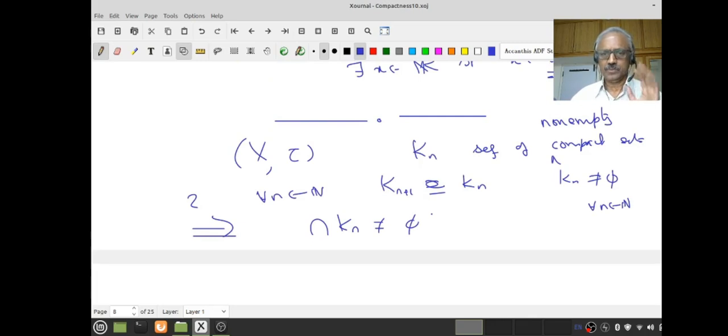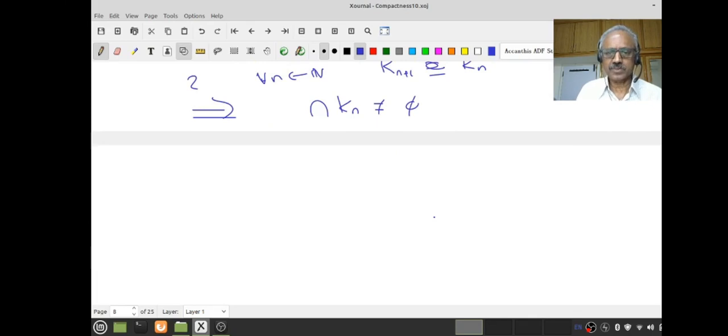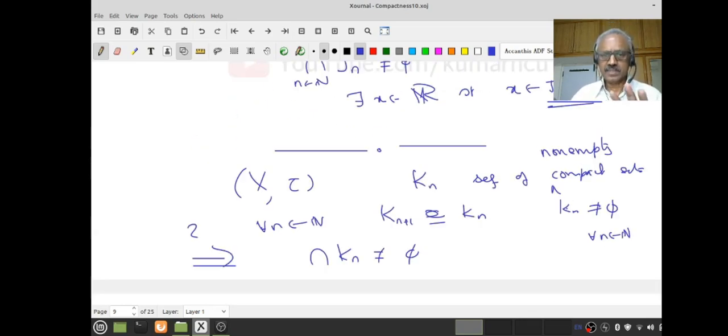Suppose I want to prove this. There may be some hypothesis needed, but I'm going to figure out what kind of condition I need. Suppose the intersection is empty. Let us prove by contradiction. That means the intersection of K_n is empty. Then what will I know? Take the complement: the union of K_n complement must be all of X, and X is at present just a topological space, no condition.